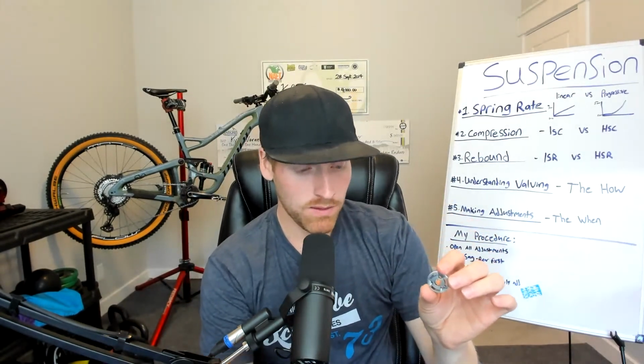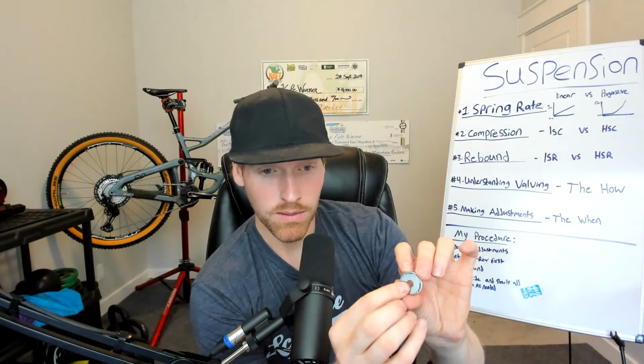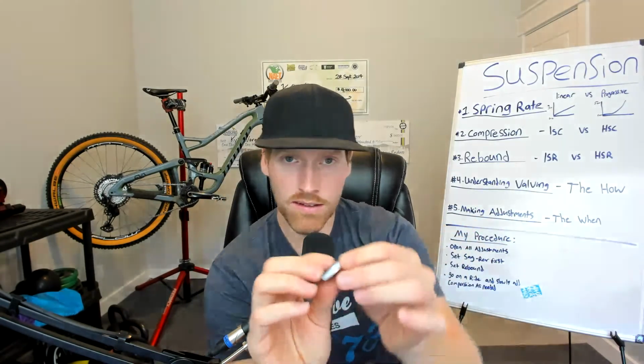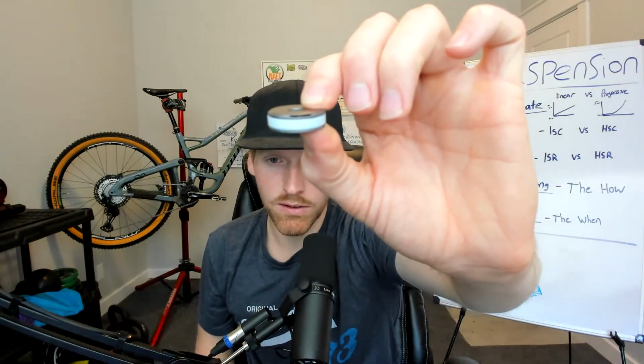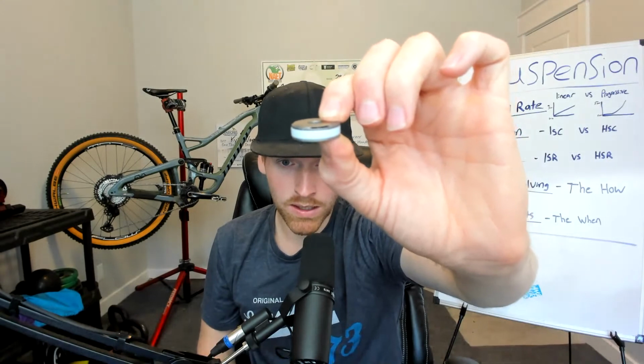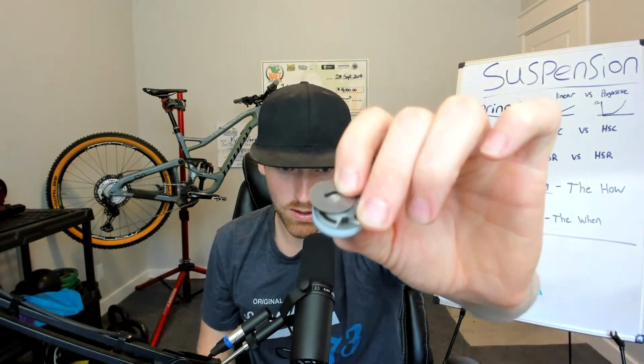The way a piston works is you have these small metal plates called shims, and the shims block those holes. If you look on the side of the piston, it's not blocking the rebound holes, the small holes. It's only blocking the compression holes on this side.